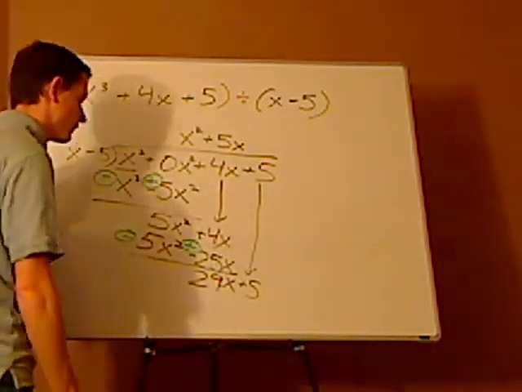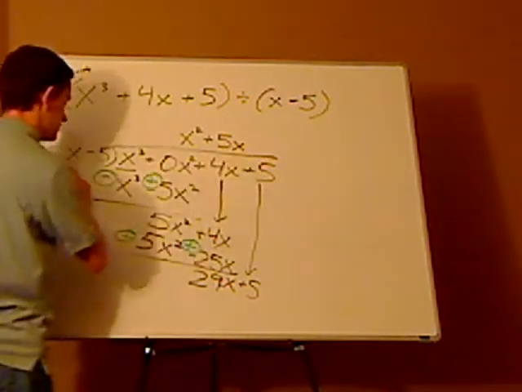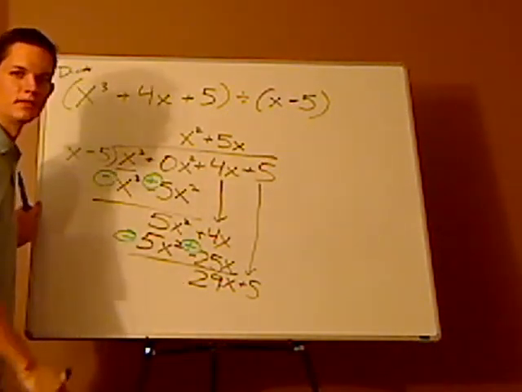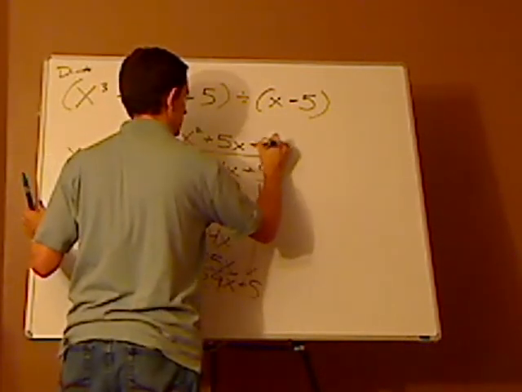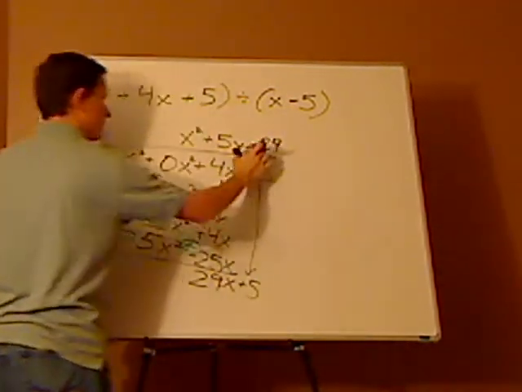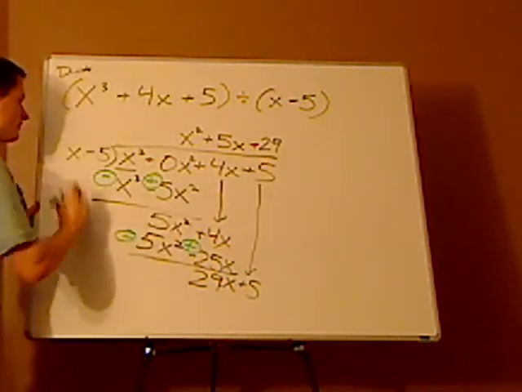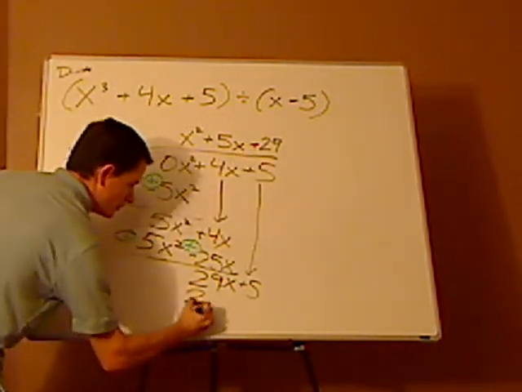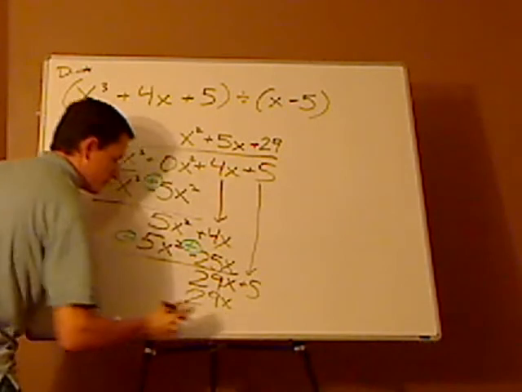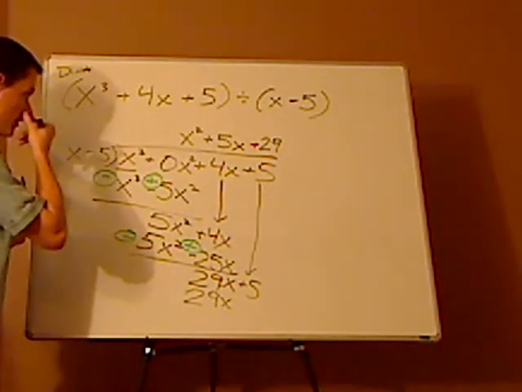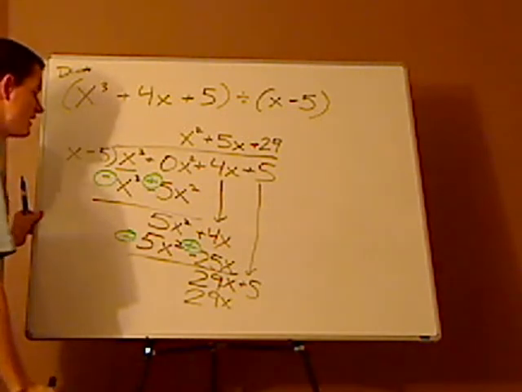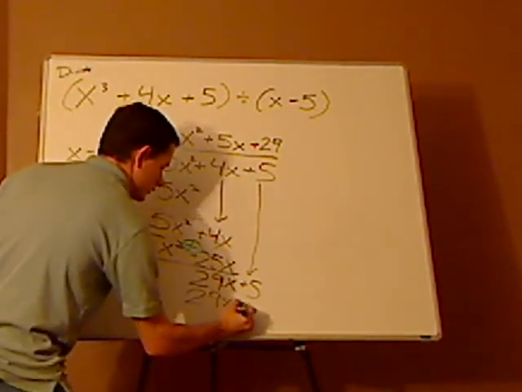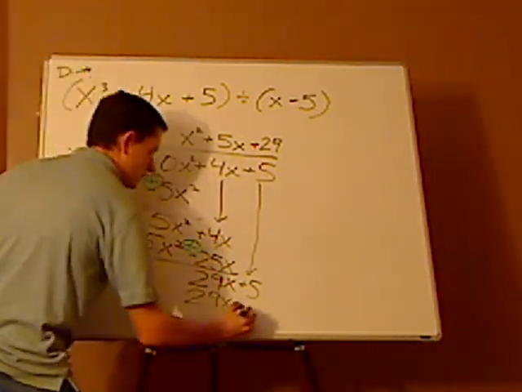Then you ask yourself the same question. What times x will give me 29x? Well, plus 29. Then you do 29 times this. So that would be 29x, and then we're going to have a not very large number, but semi-large: minus 145.